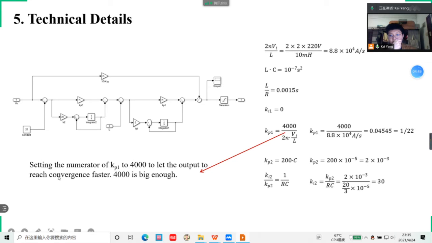Because 4000 is big enough, and if this value is bigger, then the output will reach convergence faster. So here we choose 4000. In this way, KP1, KP2, and KI1, KI2 could also be calculated. Then the controller will be finished.